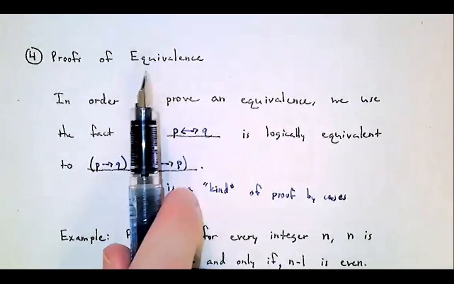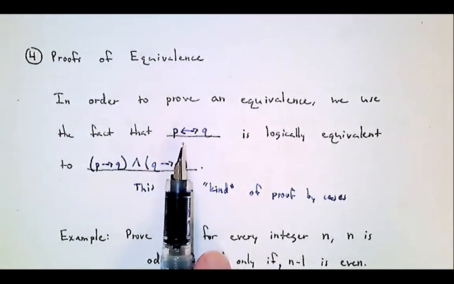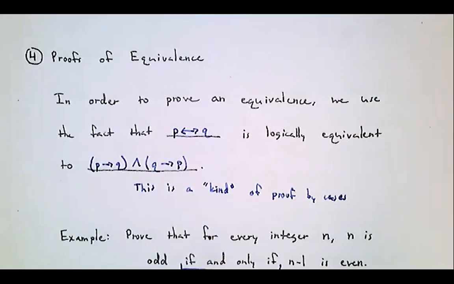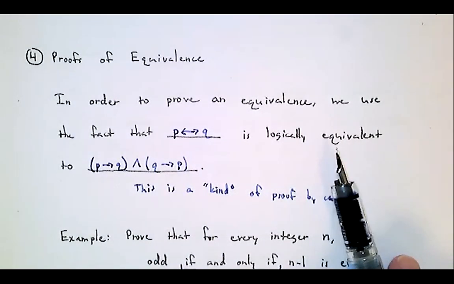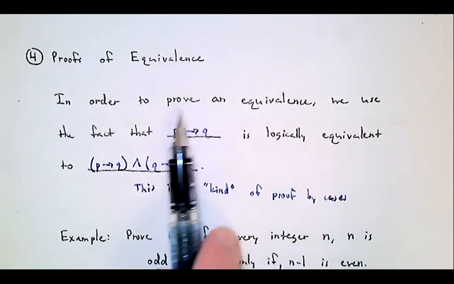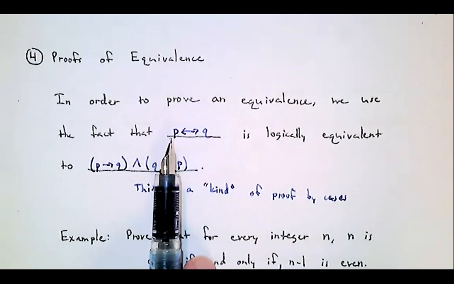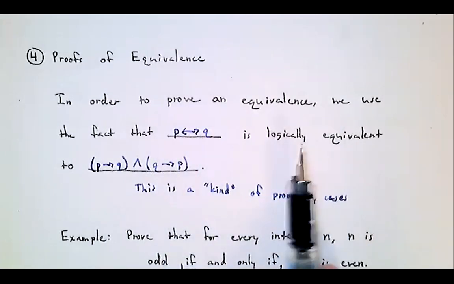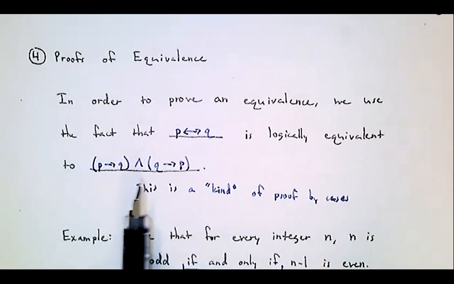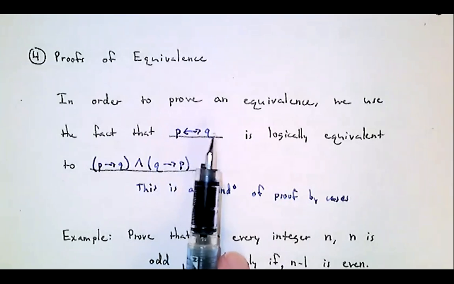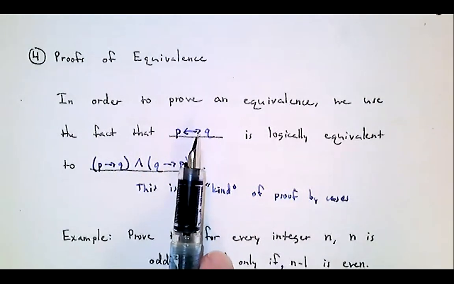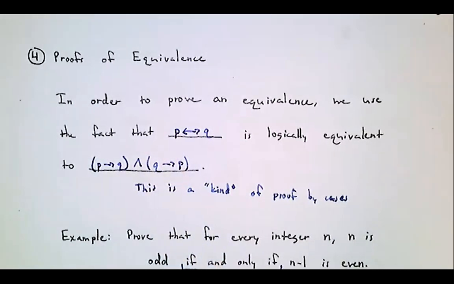So when we're talking about an equivalence in a theorem, we're talking about a statement like this: P if and only if Q. One thing that we discovered in chapter 1 is that this proposition, which is true when both P and Q have the same truth values, was logically equivalent to two conditional statements: if P then Q, so the arrow pointing to the right, and if Q then P, that would be the arrow pointing to the left.